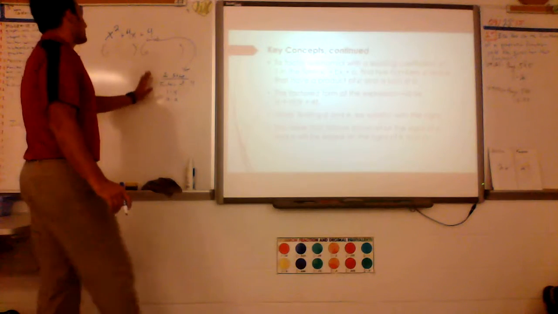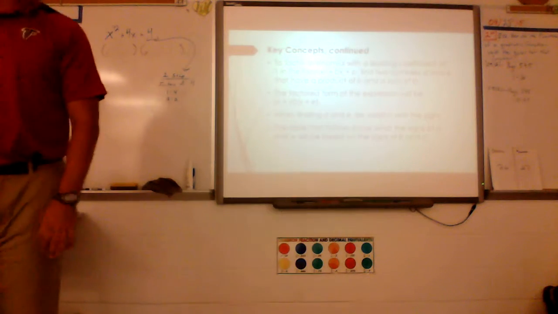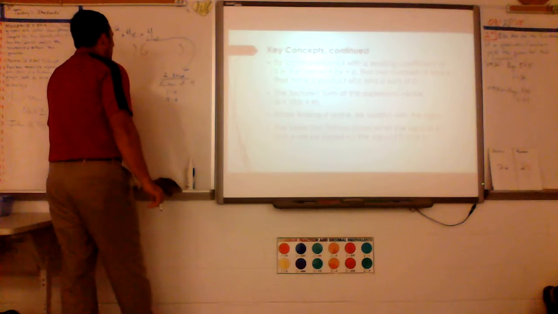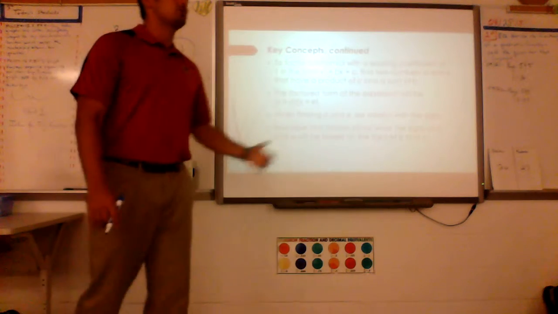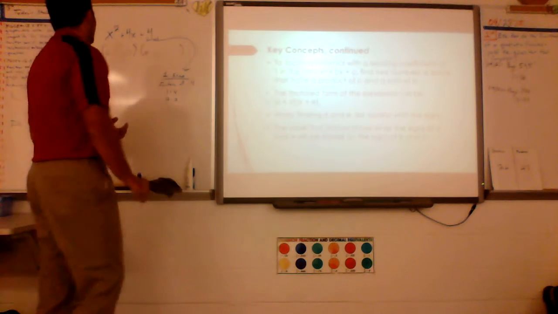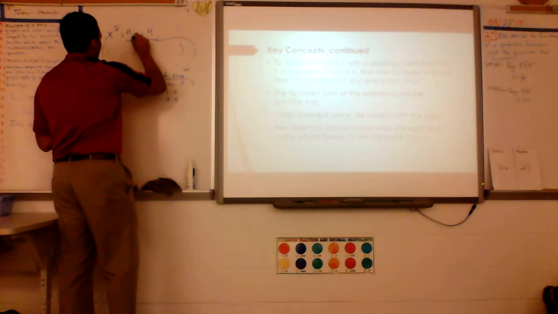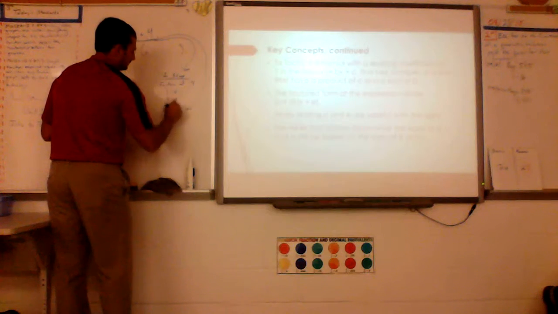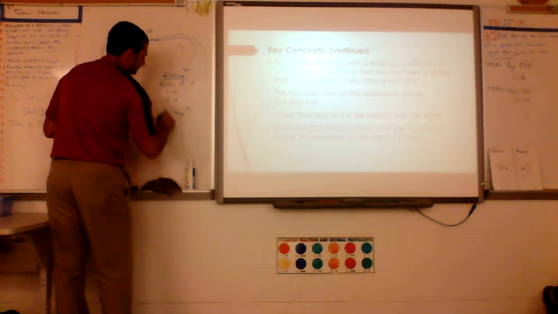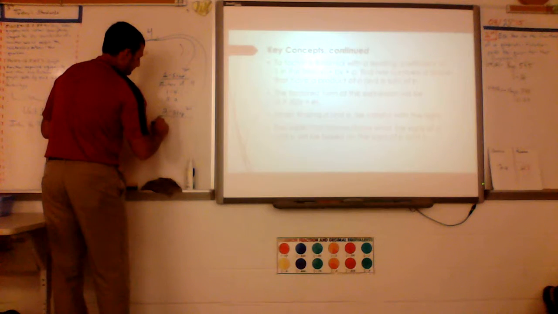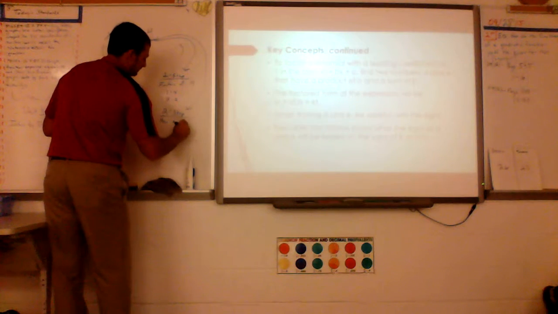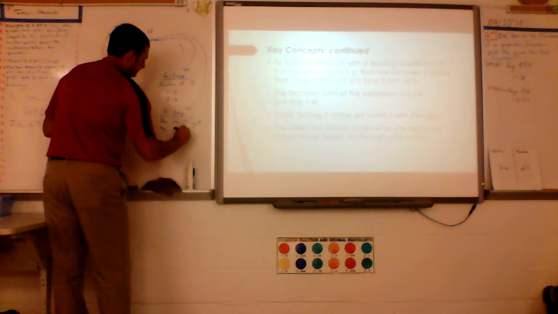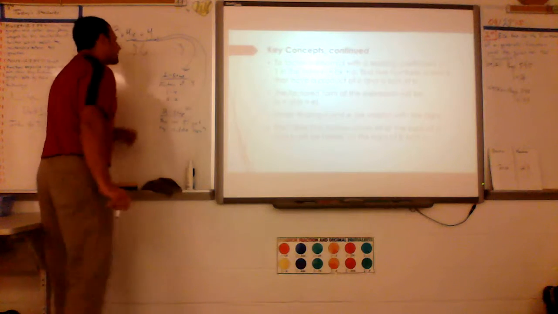After I find the factors of my last term, my constant, I'm looking at my middle term now, which is 4. Well, how can I combine 1 and 4 or 2 and 2 to get a positive 4? So the next part I'm looking at is how can I get my middle term?